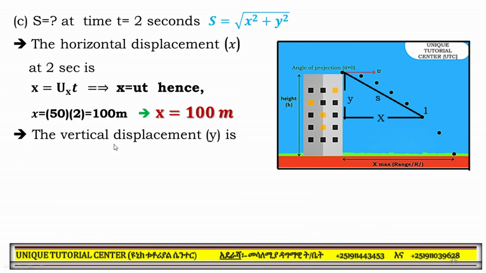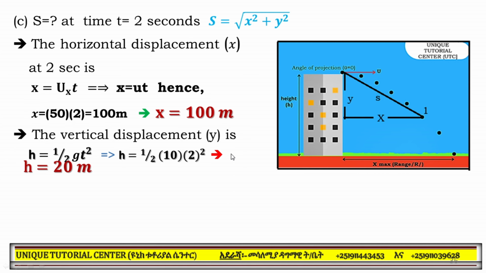The vertical displacement is just half gt squared. h equals half times 10 times 2 squared. Multiplying this, it will be 20 meters. This is 20 meters, whereas the horizontal displacement is 100 meters.